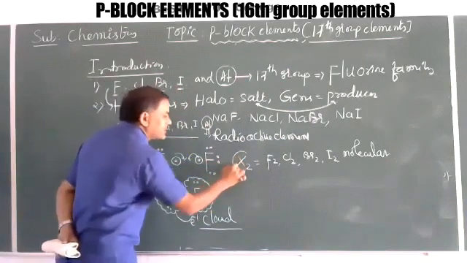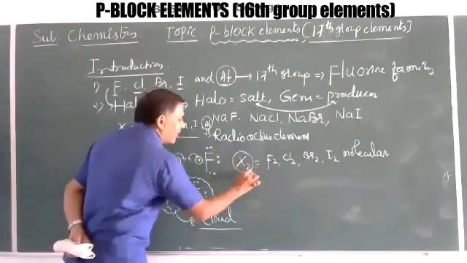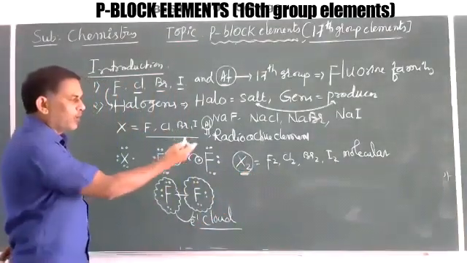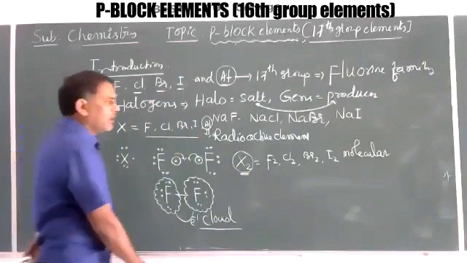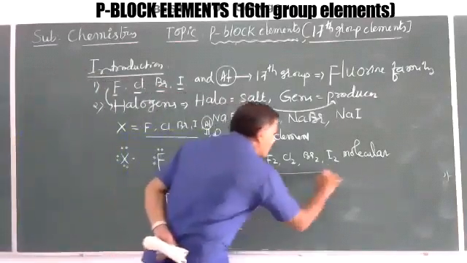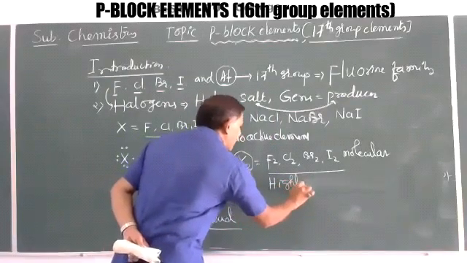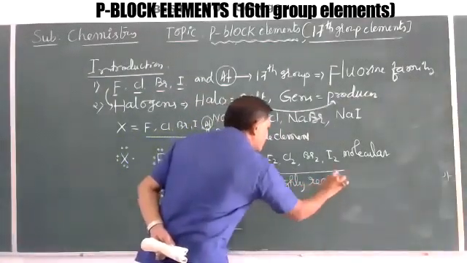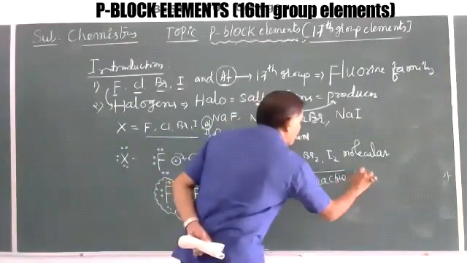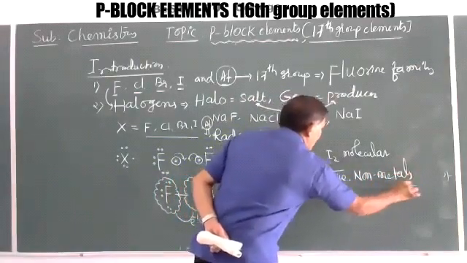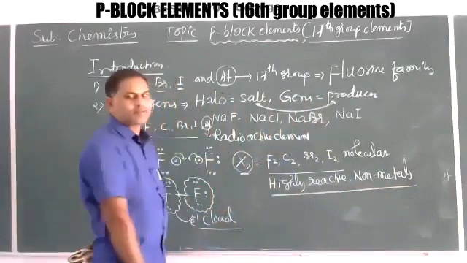They are ready to accept and it forms the diatomic X2 molecule. Like fluorine, chlorine, bromine, and iodine, all these halogen molecules or atoms are highly reactive non-metals. Highly reactive non-metals, very, very important.